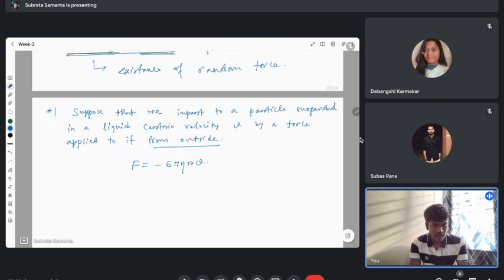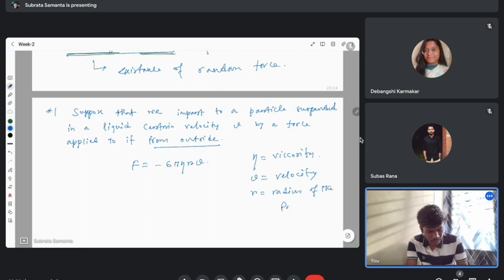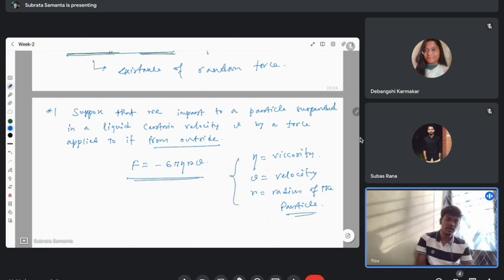Eta is the viscosity of the liquid, and r is the radius of the particle. So this equation tells us that there is a drag force applied opposite to the particle velocity, and due to this the particle velocity dies out rapidly.